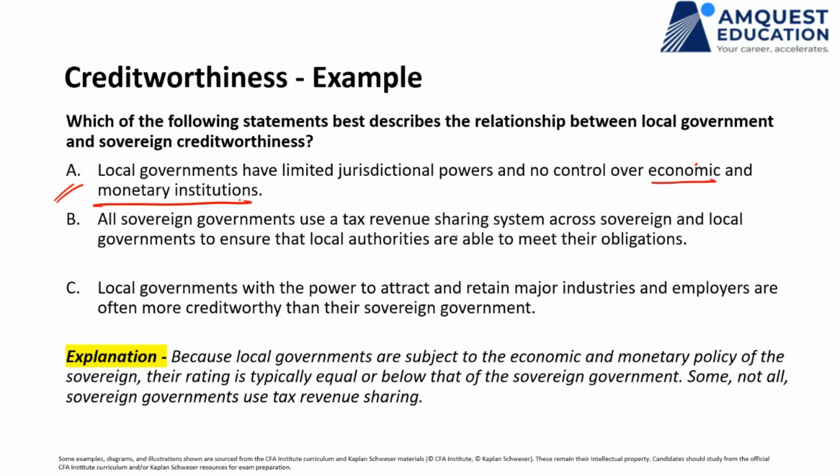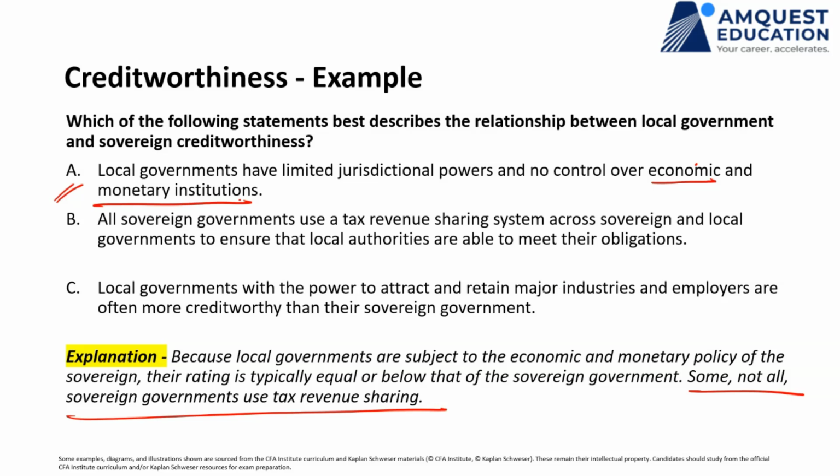All sovereign governments use a tax revenue sharing system across sovereign and local governments to ensure that local authorities meet their obligations. Not all, right? Some of them will use this tax sharing, but not all geographies do it. Local governments with the power to attract and retain major industries and employers are often more creditworthy than the sovereign.